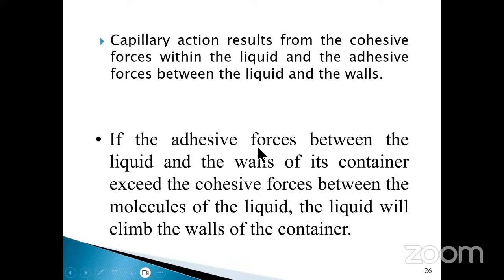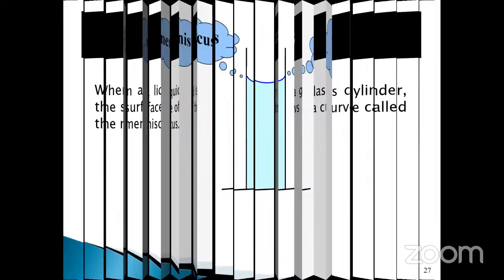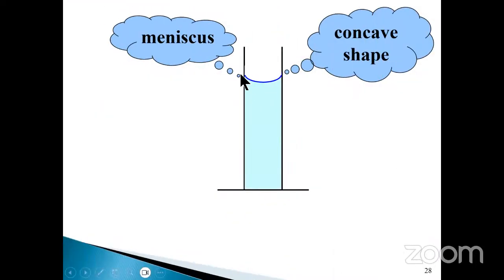And what you'll find is that if the adhesive forces between the liquid and the walls of the container is greater than the cohesive forces, then what will happen is that the liquid will climb the walls of the container, right? And basically, you're going to end up with what is known as a meniscus, which looks like a U-shaped part of the surface, which curves down, right?